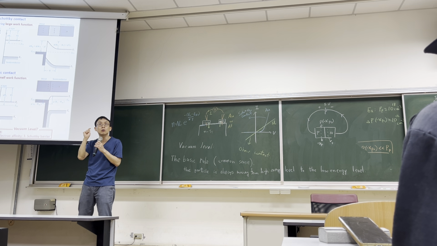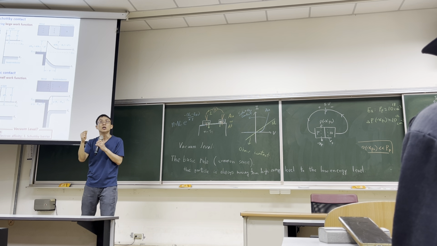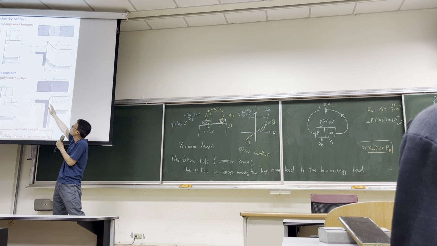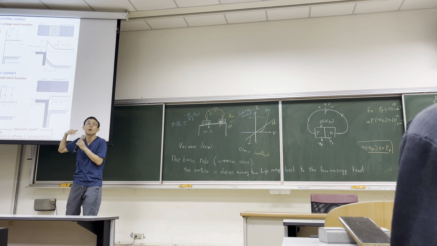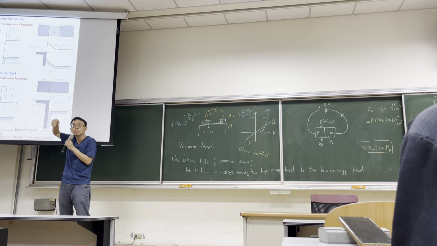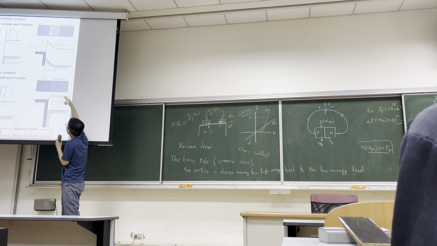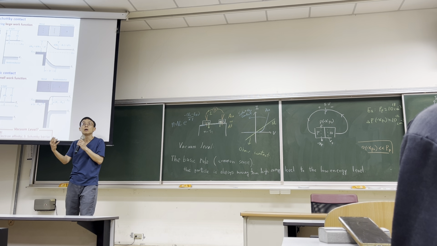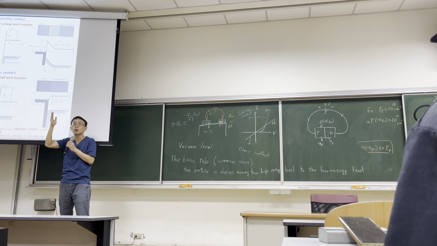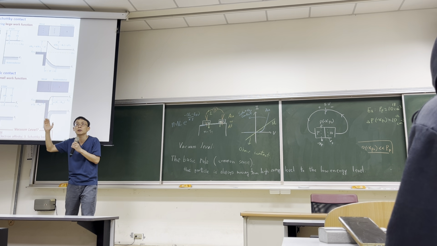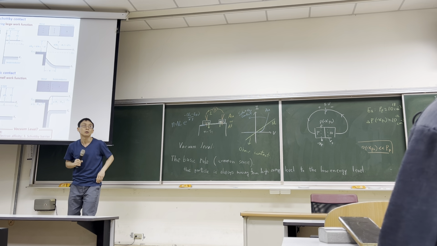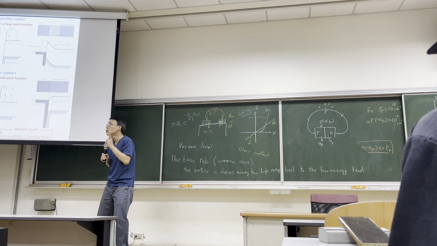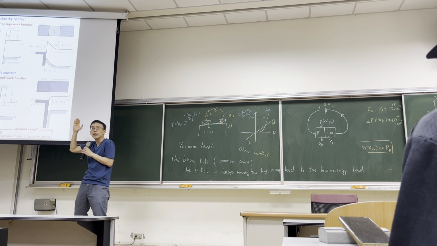And then once you know the right direction of electron flow, the next step is to determine whether you have more electrons or fewer electrons. If you have more electrons, your band should go down, making the conduction band closer to the Fermi level. If you have fewer electrons, the band goes up, because you are losing electrons from the semiconductor to the metal. So this common sense is for you to know bending down or bending up.